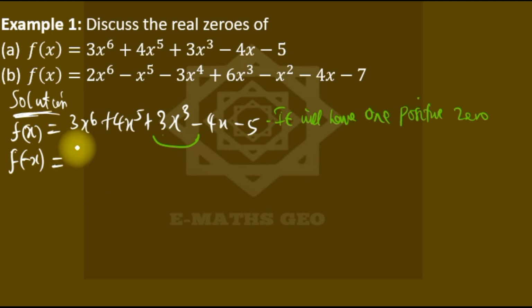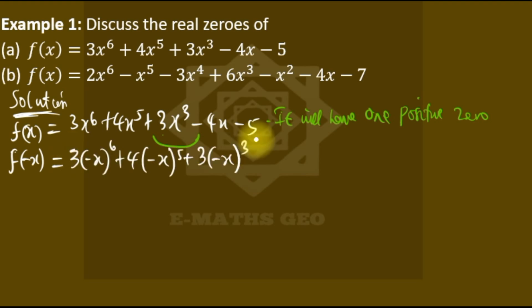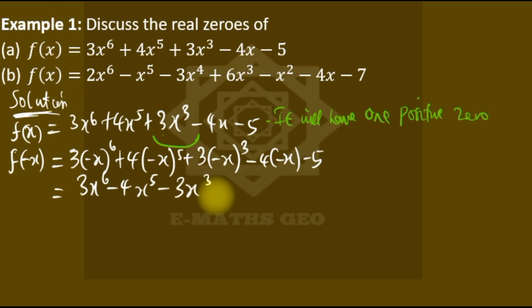So let's substitute: 3 times minus x raised to the power 6, plus 4 times minus x raised to the power 5, plus 3 times minus x raised to the power 3, minus 4 times minus x, minus 5. Let's see what we have. This is the same, 3x raised to the power 6. This is minus 4x raised to the power 5. This is minus 3x raised to the power 3. This is plus 4x, and minus 5.